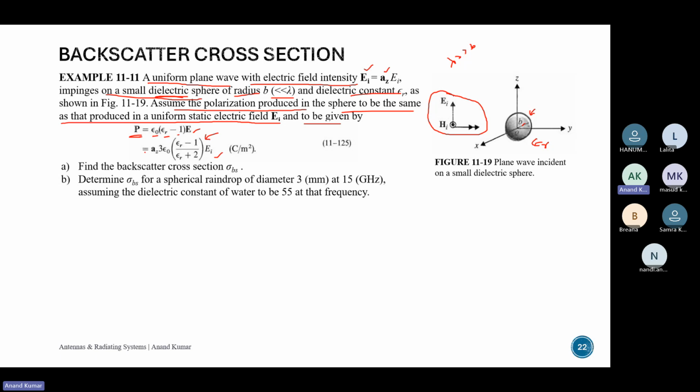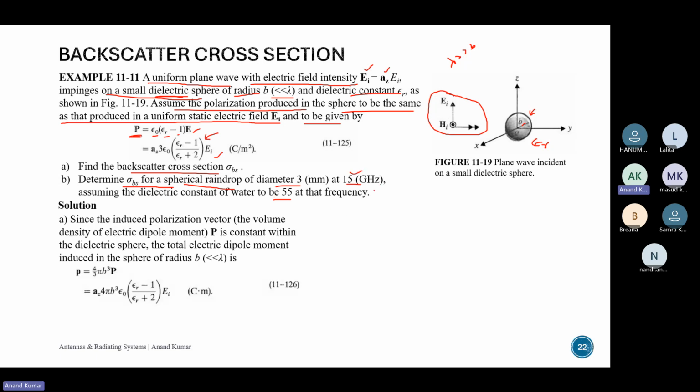So this is the expression for polarization density, and we need to find the backscatter cross section. And then once we have this, we can use it to determine the backscatter cross section, or the radar cross section, of a spherical raindrop of this diameter at this frequency, and this is the dielectric constant of the water at 15 gigahertz.